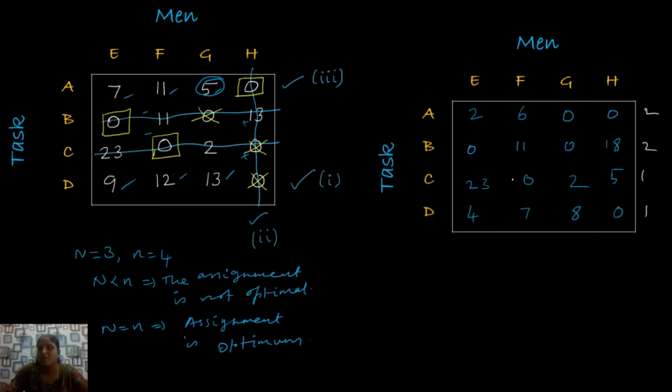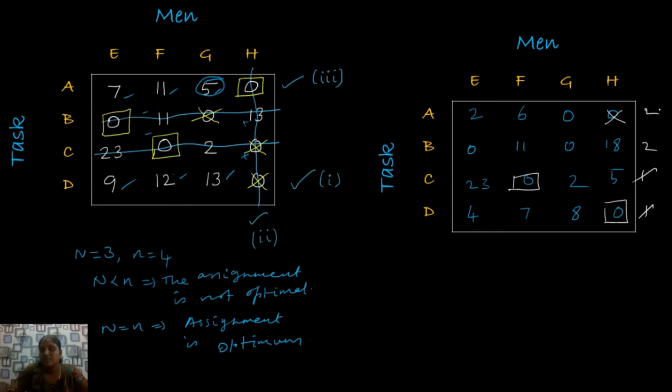So I am going to give the first assignment in the third row or fourth row, it's optional. I choose the third row, and let us check if there is any 0 in the same row or column. It doesn't have any zeros. So let us move on to the next. The second assignment is for the fourth row. In the corresponding column it has 1 zero, so you cross that zero, and row-wise it doesn't have any zero.